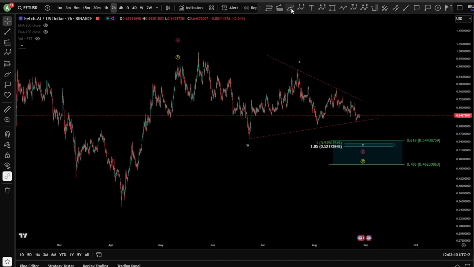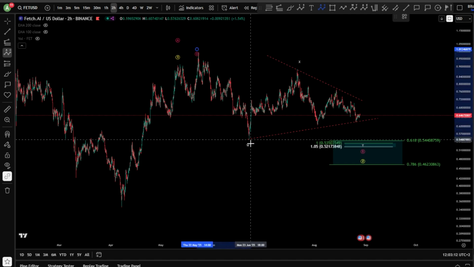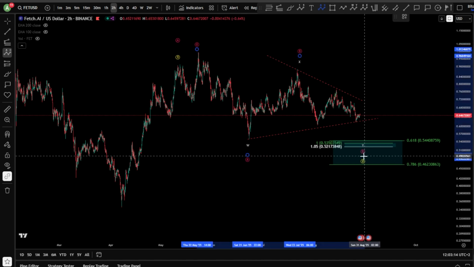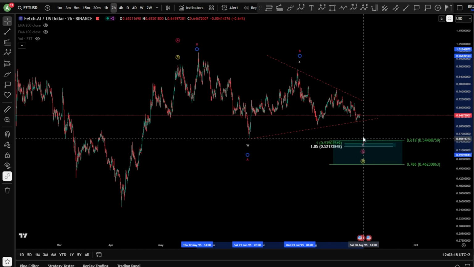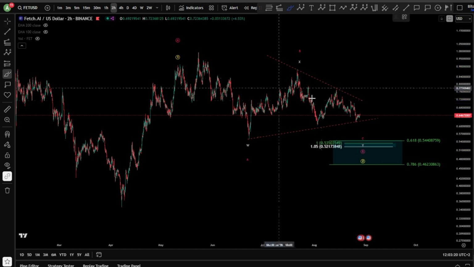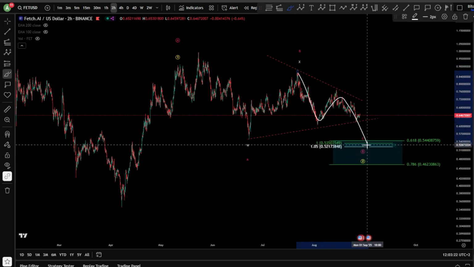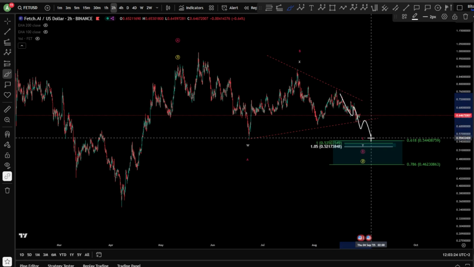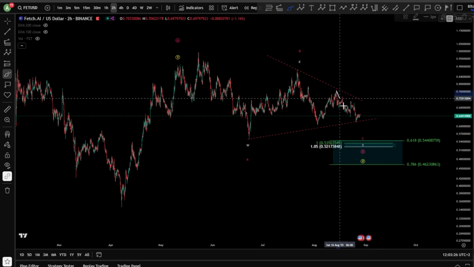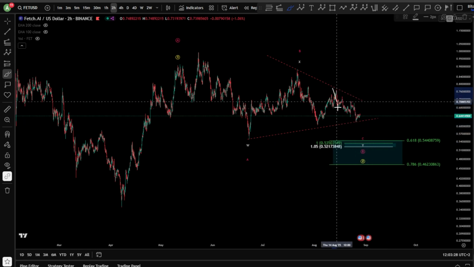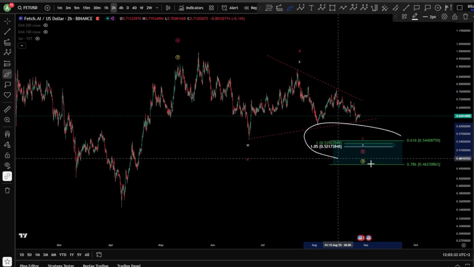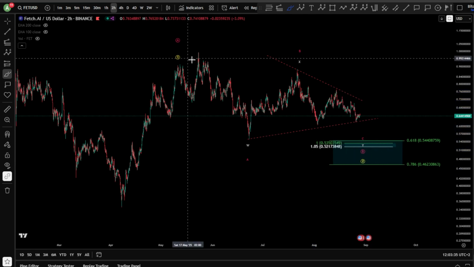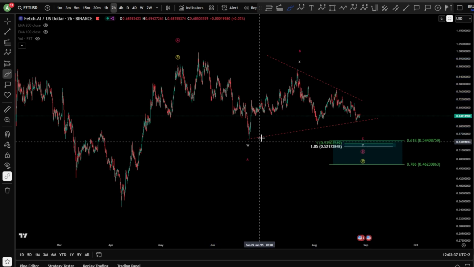You want to have simply an ABC here, A, B, and a C in a smaller one, or a WXY. Okay, so with the WXY, you want to finish a zigzag here, meaning 1, 2, 3, 4, 5, however you want to end this. If this is your 1, 2 here, or double 1, 2, you want to have 3, 4, 5, 4, 5. It doesn't matter. You want to take this blue box because you want to take simply this low.